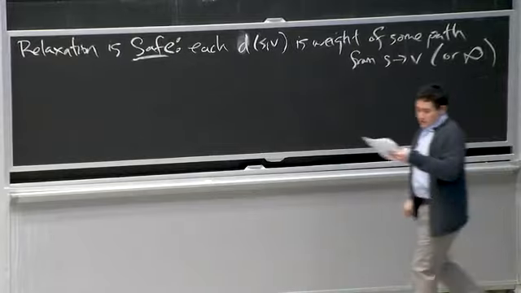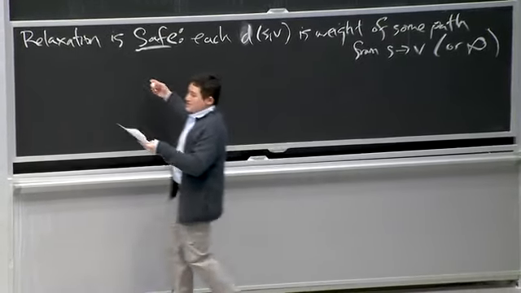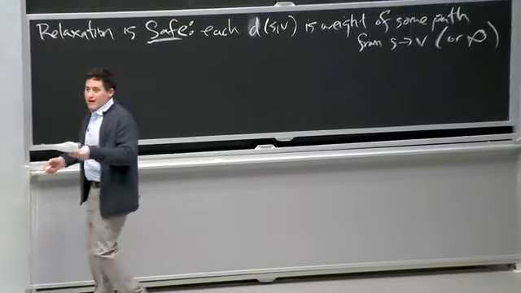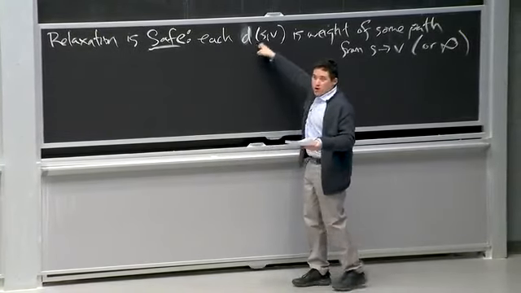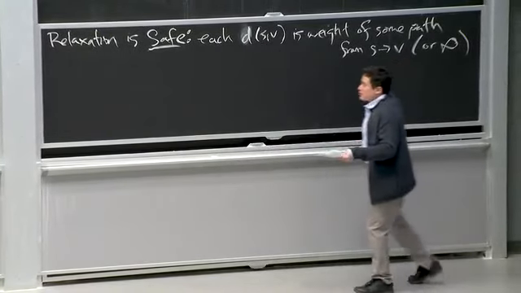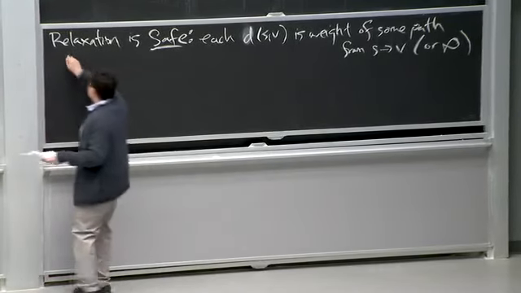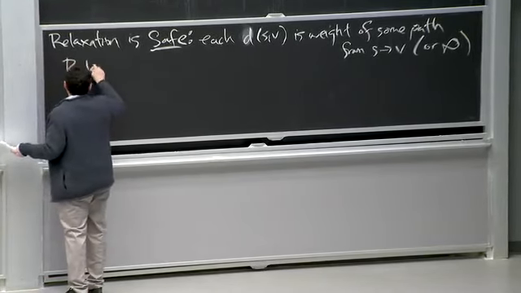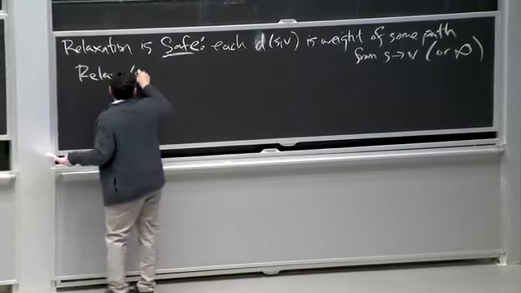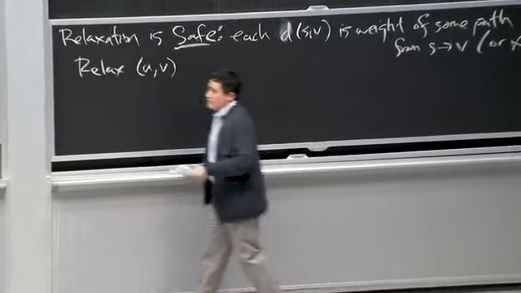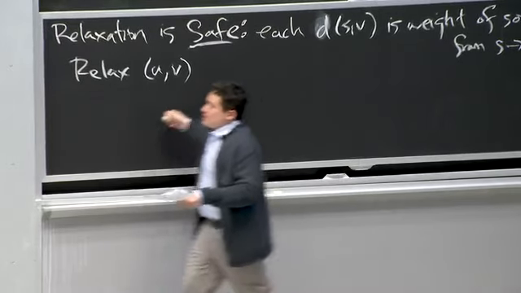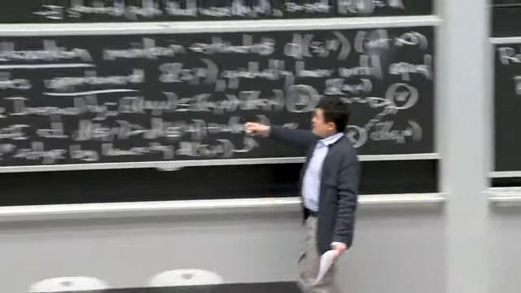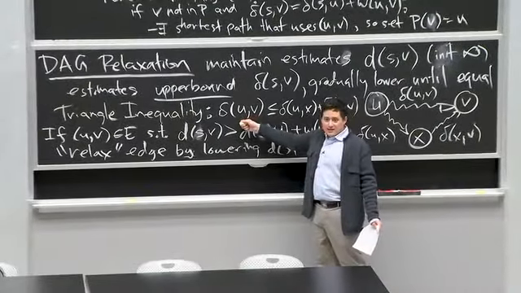Okay? And this is a pretty easy thing to prove, right? If I had the invariant that these were all weights of paths, let's try to relax an edge, right? And we need to show that this property is maintained. Relax edge UV, okay? Now if I relax edge UV, what do I do?